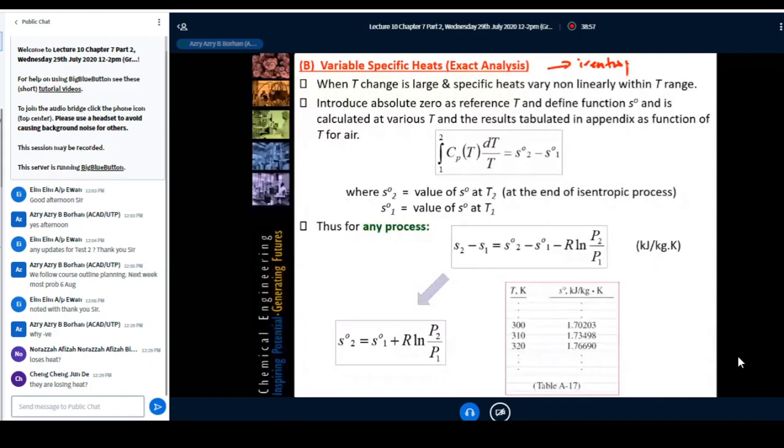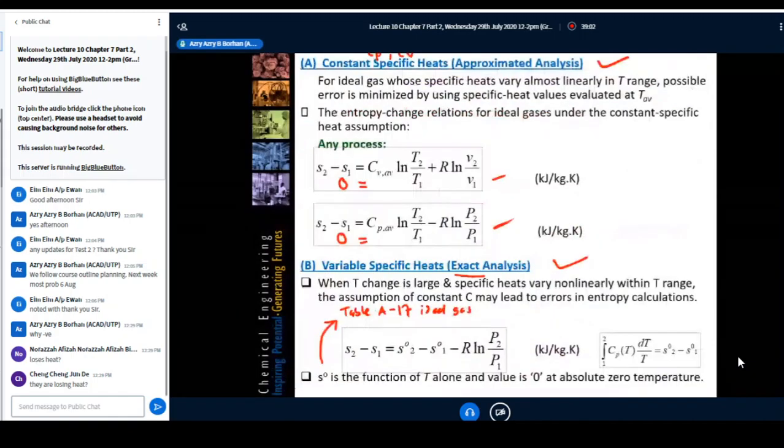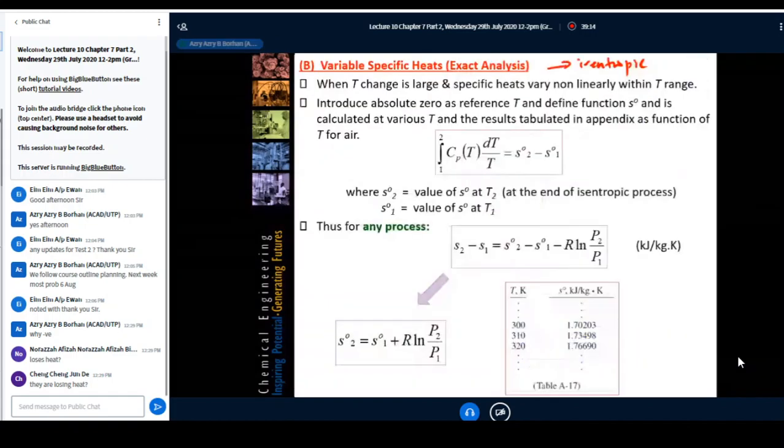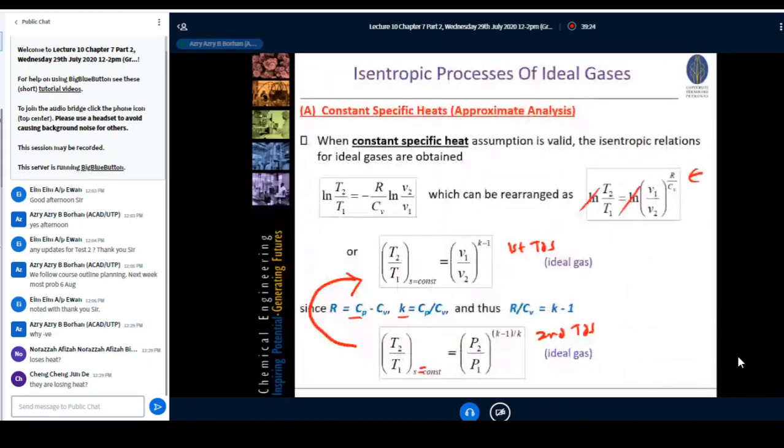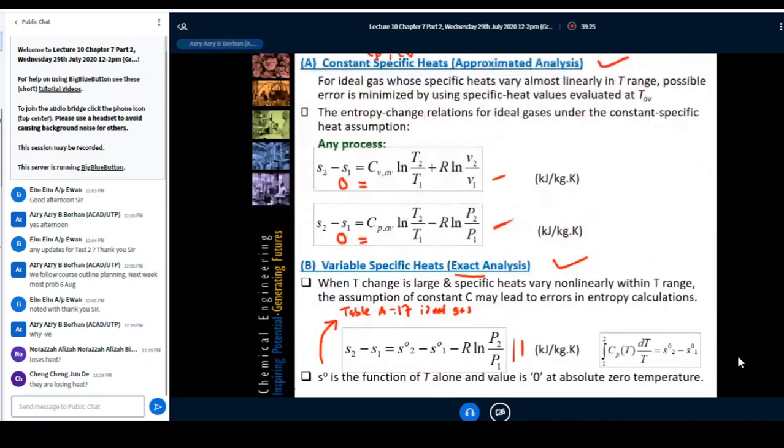Okay, so guys, from the previous slide, remember we have this particular correlation: delta s equals s°2 minus s°1 minus R ln P2 over P1. And we have replaced the cp as a function of T in terms of s°2 minus s°1. So guys, what happened? This is equivalent to 0 because it is isentropic.